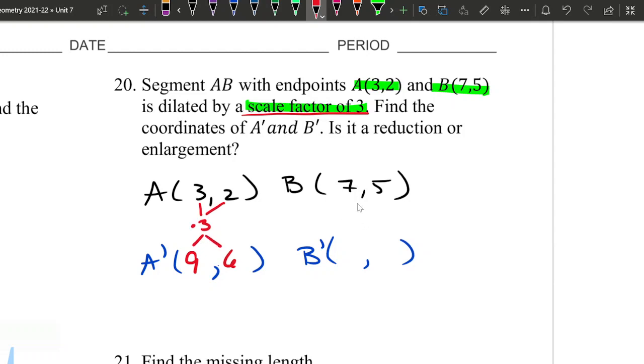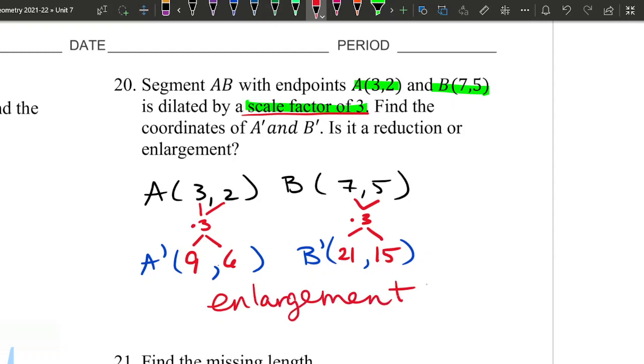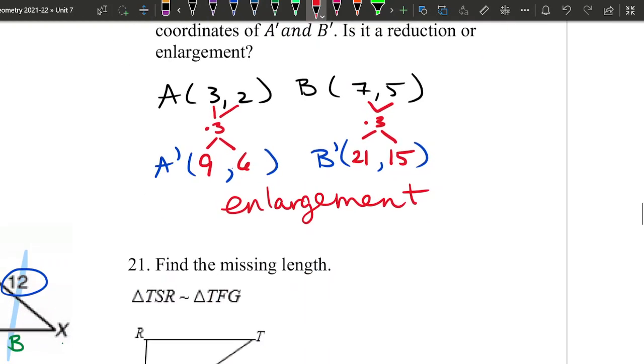And I do the same thing with the other ones. Times 3. 7 times 3 is 21. 5 times 3 is 15. That's it. Oh, an enlargement. We already said that. That's all you had to do for that one.